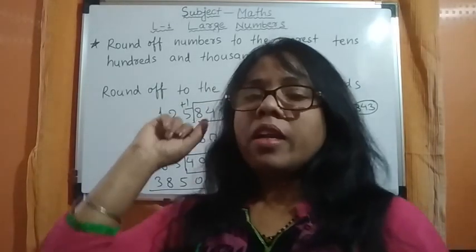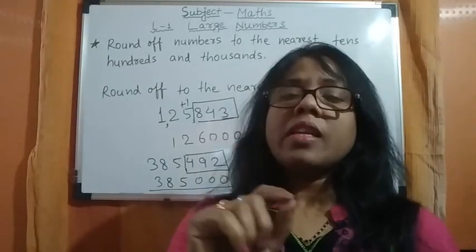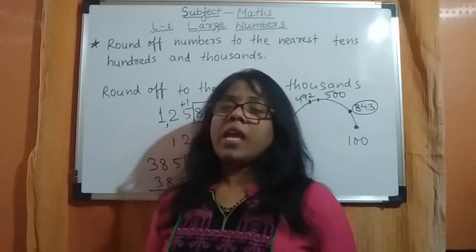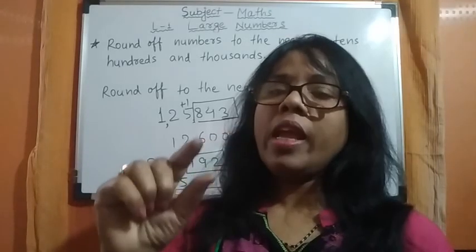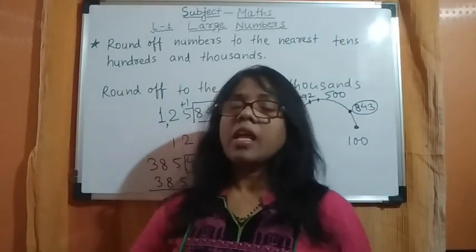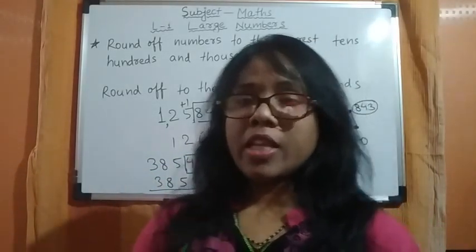If it is greater than 5, you will add 1 at tens place. If it is less than 5, you will not add anything. Same way you will apply for hundreds and thousands. Only you have to check that it is greater than 50 in case of hundreds, and greater than 500 in case of thousands.